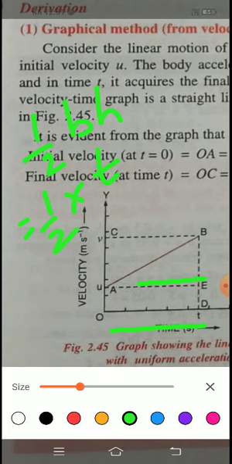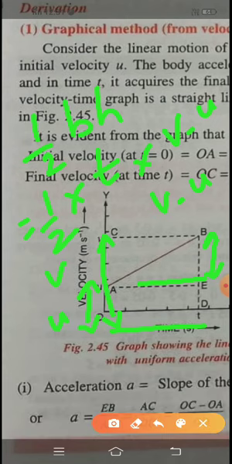Till this point it is u, and totally it is v. I need only this portion. Therefore I can write v minus u. So it is 1 by 2 into t into (v minus u). That is how I got all these.